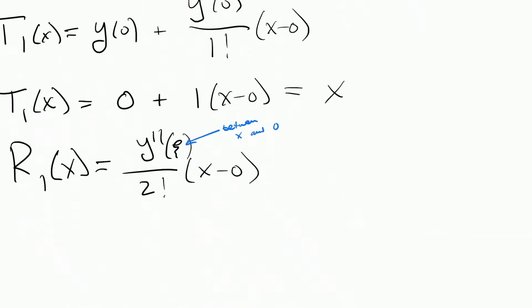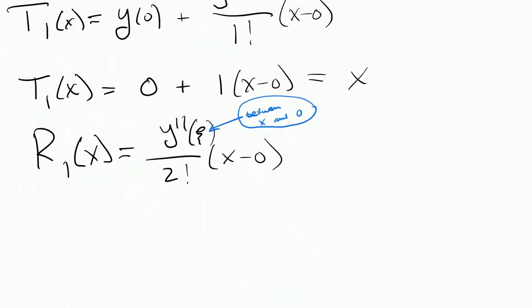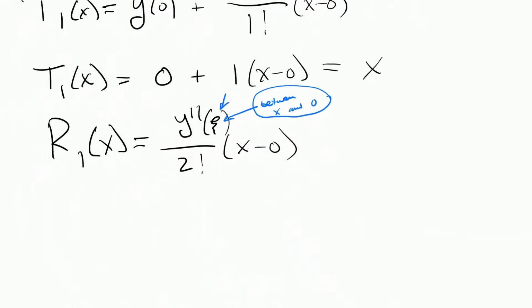So when I go down here, I just want to know the worst case scenario. I'll say, okay, I don't know what the value of xi is, but I can say that this remainder will be less than or equal to the maximum of y double prime over 2 factorial times whatever.